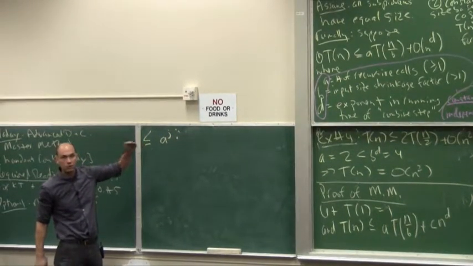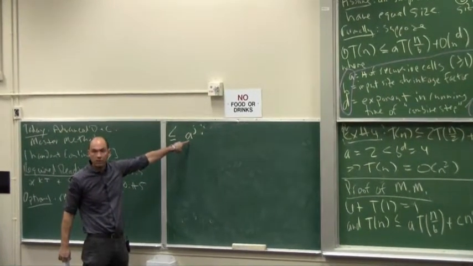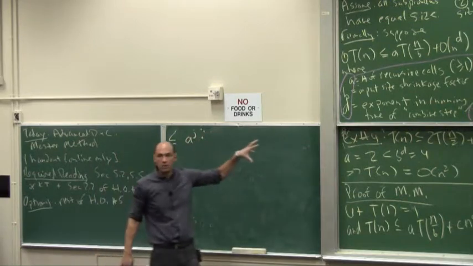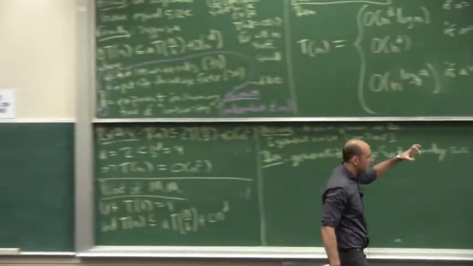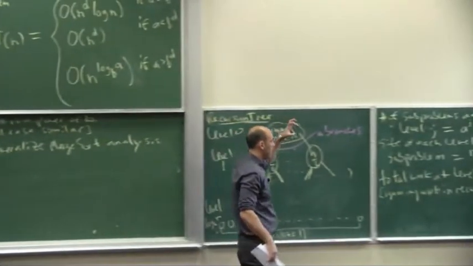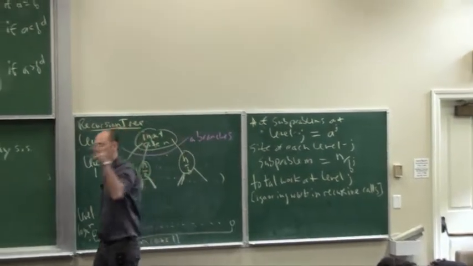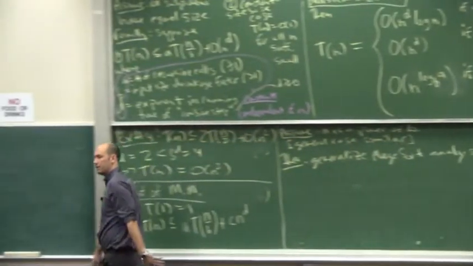How much work do we do at this level? Well, we got to multiply by the number of nodes at this level, the number of subproblems. Now we need to multiply by the work that we do for each of the subproblems. Thus far, we have figured out that the size of a subproblem at level J is n over b to the J. How much work do we do on a subproblem of size n over b to the J?